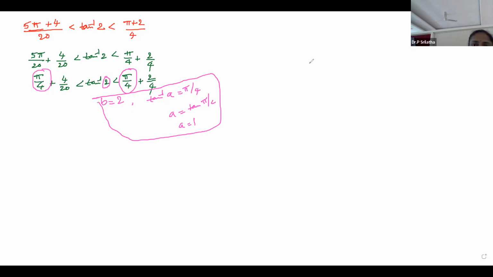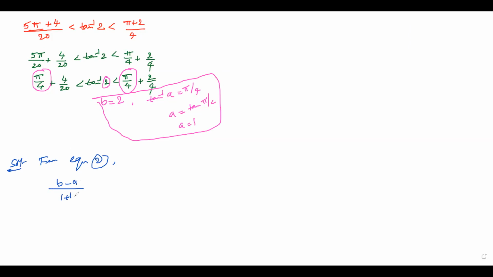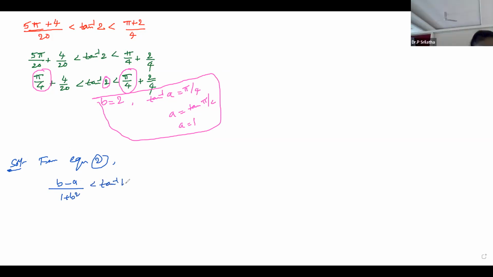So coming to the problem, coming to the solution, from equation 2. This is most important. Here also we have to use our equation 2. So what is our equation 2? From equation 2, we have B minus A divided by 1 plus B square is less than tan inverse B minus tan inverse A is less than B minus A by 1 plus A square.